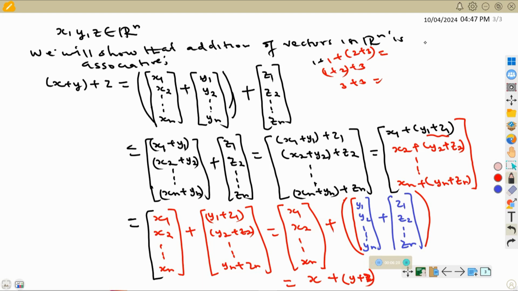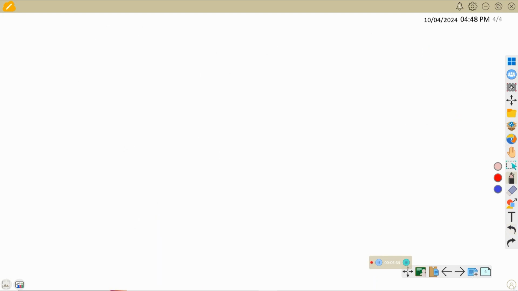We can clearly say that x plus y plus z is actually the same as x plus y plus z with the brackets grouped differently. And if this is true, then we can easily say that addition of vectors is associative.